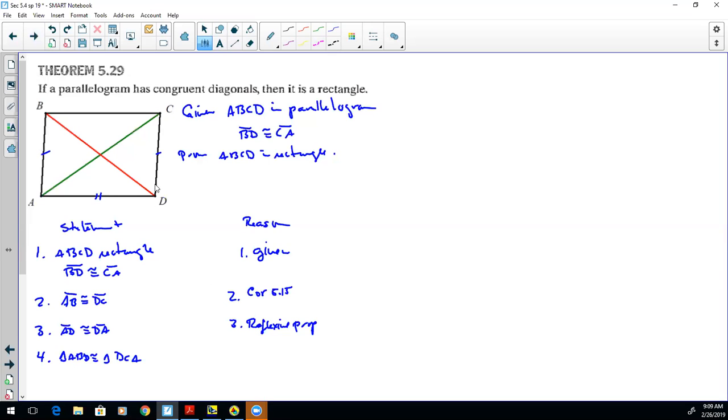A to B to D, D to C to A. And the reason for this is BD and CA are congruent, AB and DC are congruent, and AD and DA are congruent. This is by side, side, side.